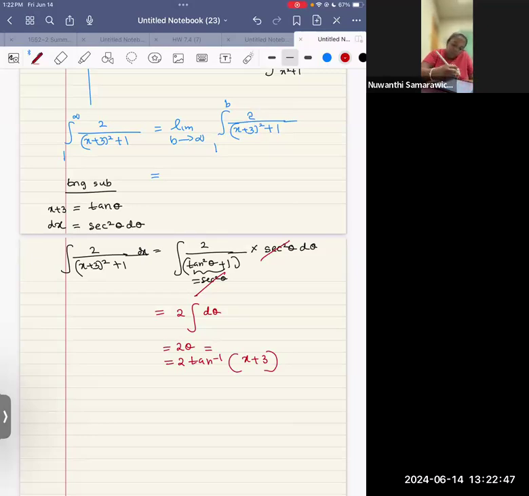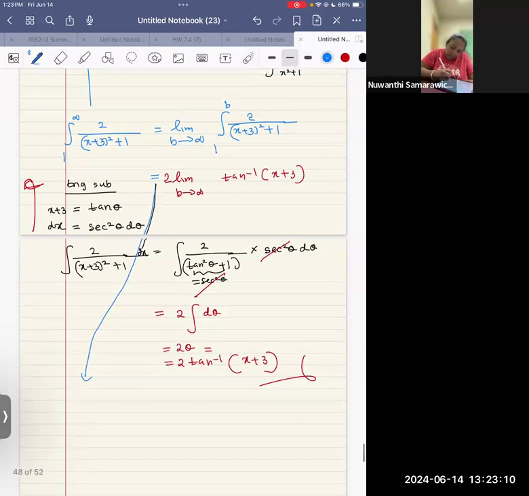So we can write here the limit as b goes to infinity of 2 tangent inverse of (x plus 3), evaluated from 1 to b.